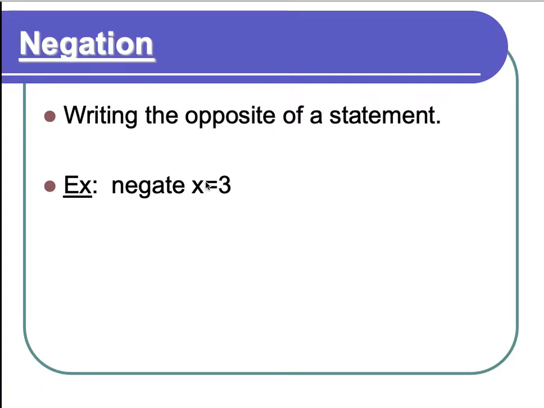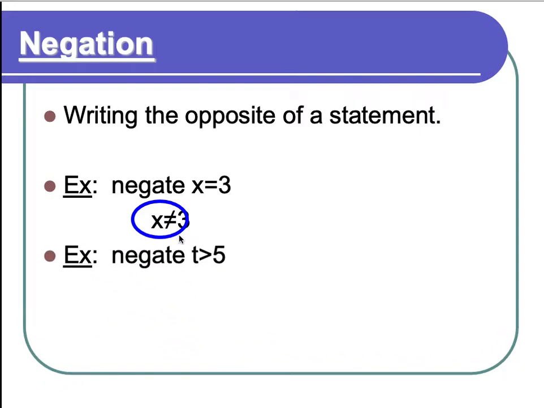If x equals 3, I am going to say x is not equal to 3, or if I write that mathematically, I put a slash through the equal sign, the not equal sign. So x equals 3, if I negate that, becomes x is not equal to 3. Now negate t greater than 5.